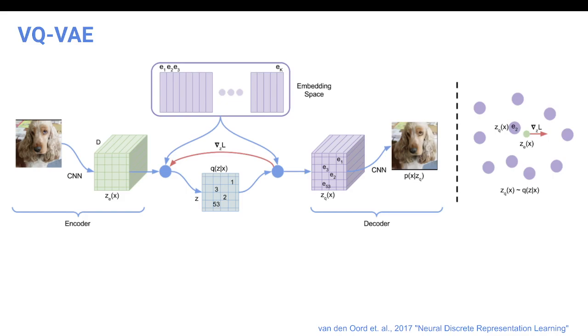If you have an embedding table, you look for the nearest embedding vector e to the encoder representations, which relates to an index k, and that embedding vector will be the input to the decoder to reconstruct the input again. So it's a normal autoencoder, but with this funny quantization in the middle that forces the model to learn categorical latents.